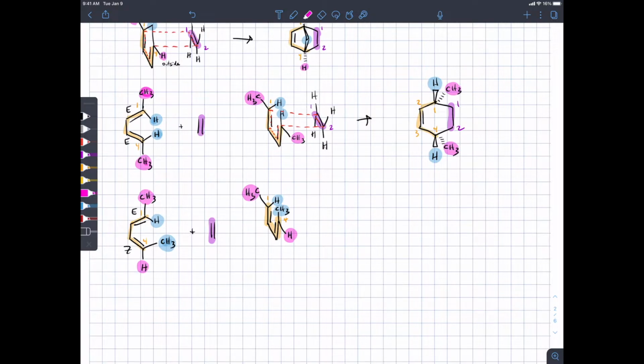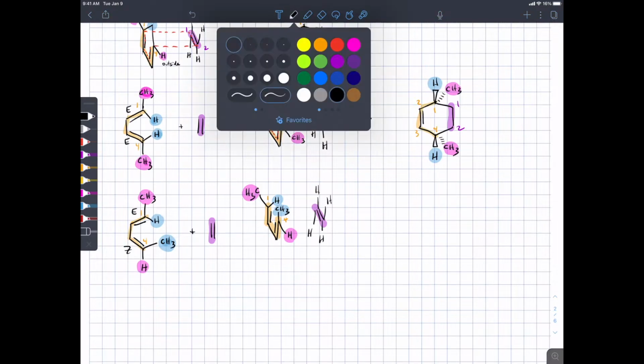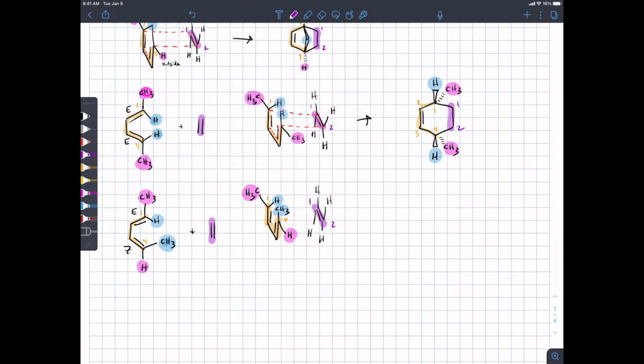All right, so now, as we've done before, we will have our olefin approach the diene. We're going to choose this side arbitrarily. We could have it approach from the left side as well. These are carbons 1 and 2 of the olefin.